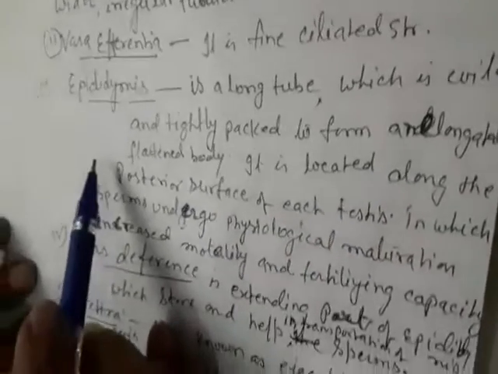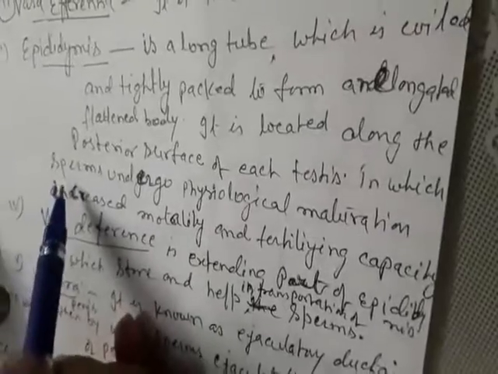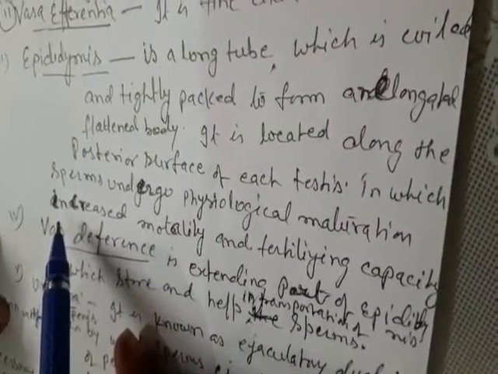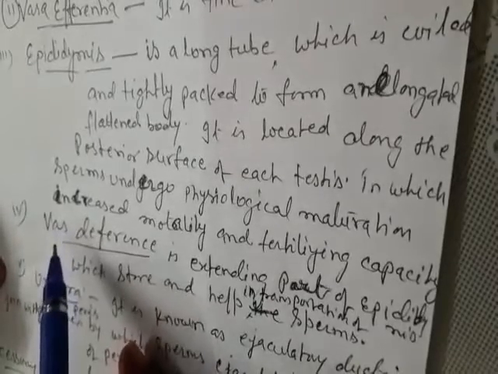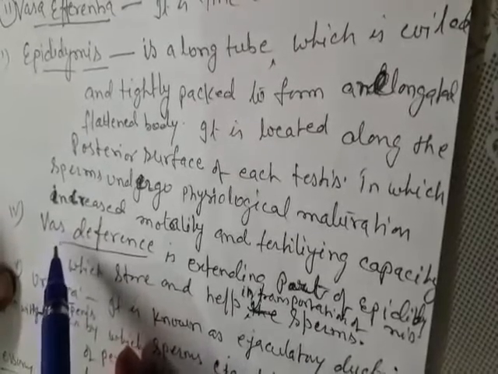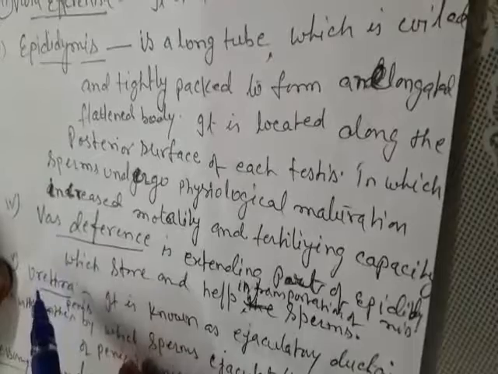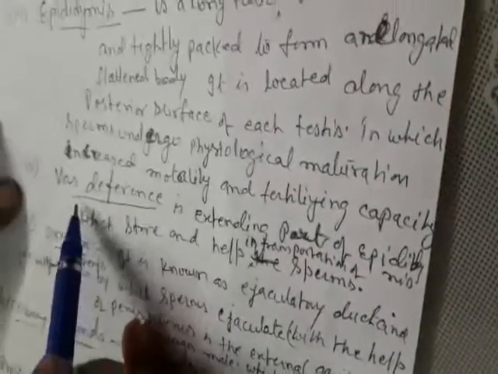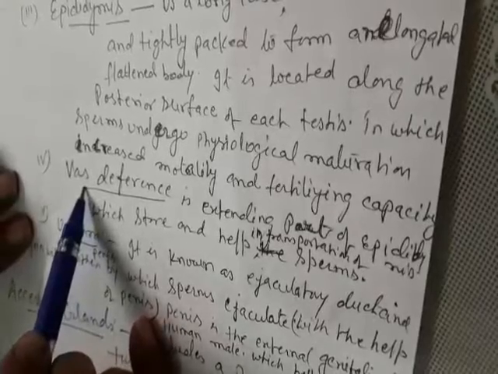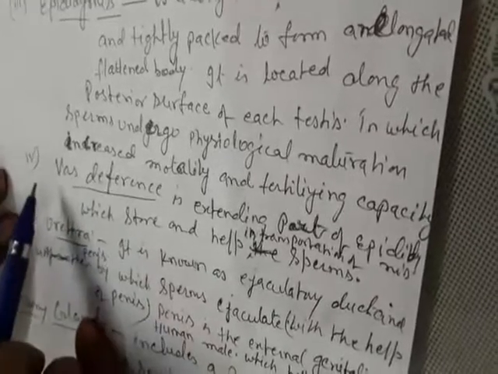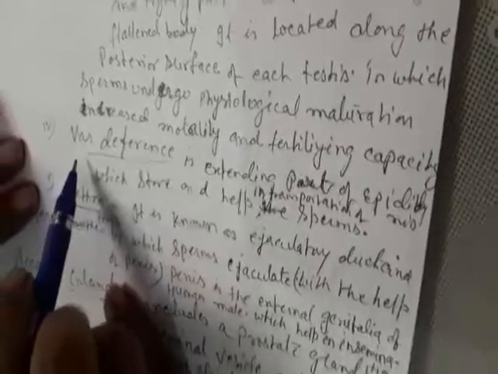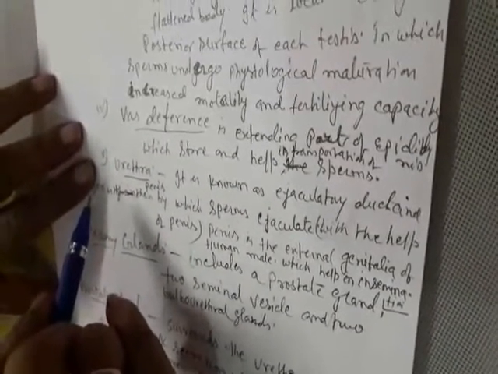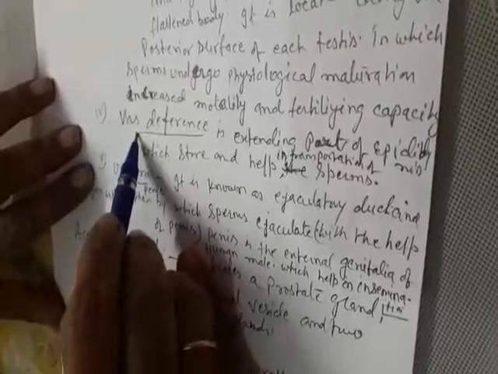It is located along the posterior surface of each testis, in which sperms undergo physiological maturation, with increased motility and fertilizing capacity, and join with the vas deferens. Vas deferens is the extending part of the epididymis which stores and helps in transportation of sperm.